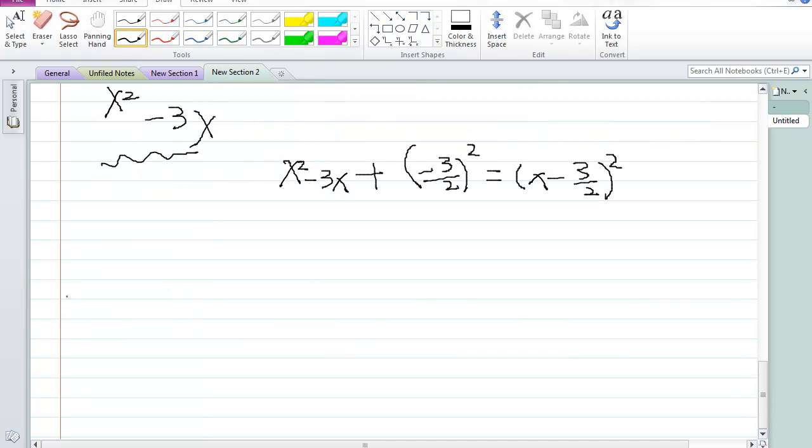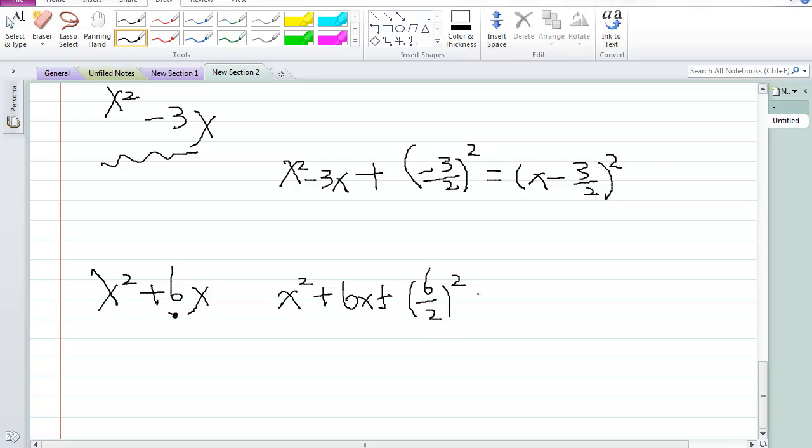Let's do another quick one. Complete the square of x squared plus 6x. In this case, our b is 6, right? So we have x squared plus 6x, and we add 6 over 2, which is 3, and then we square it, and we have x plus 3 squared.